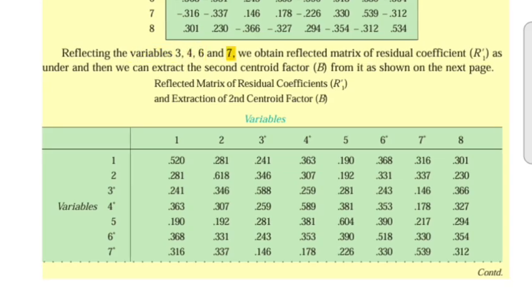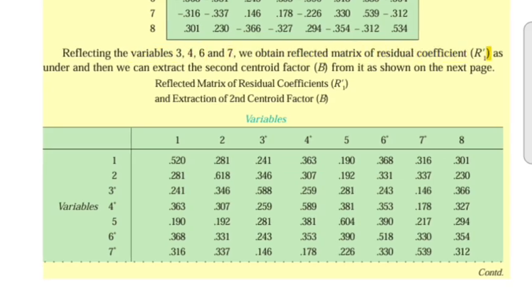and then we can extract the second centroid factor B from it as shown on the next page.